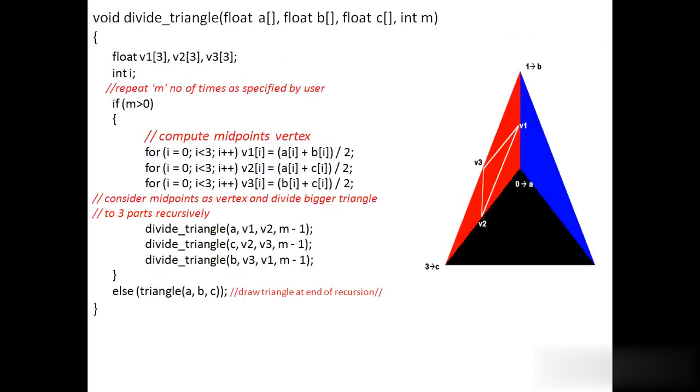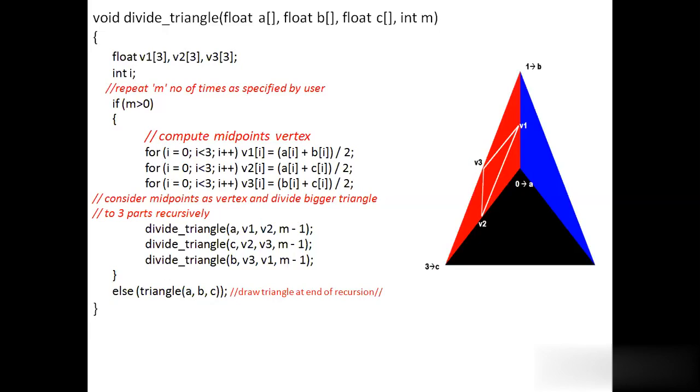Now let's talk about the void divide triangle. Here we have 3 floating point variables, or arguments, along with one m variable. Those are the 3 variables, 3 faces. Now let's try to understand what we are doing here.